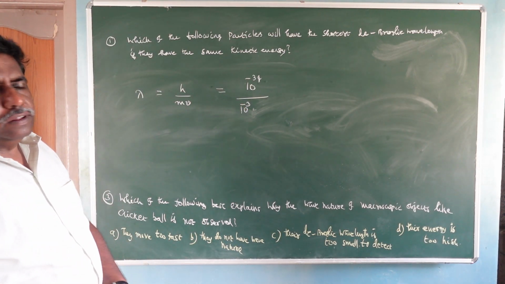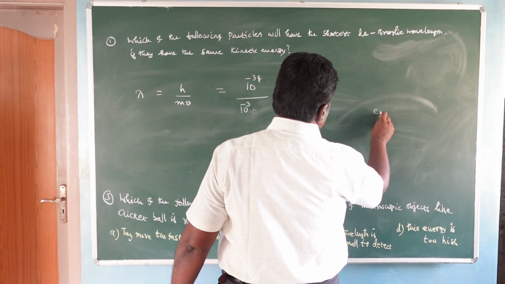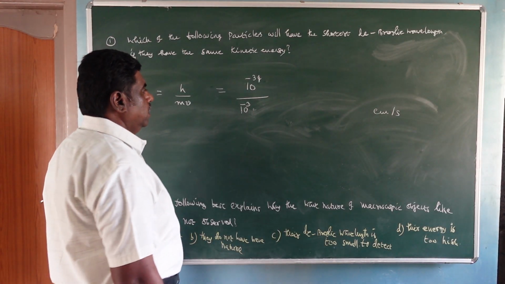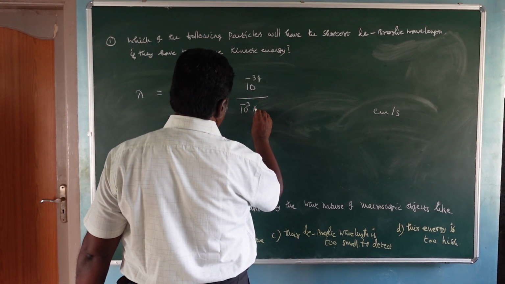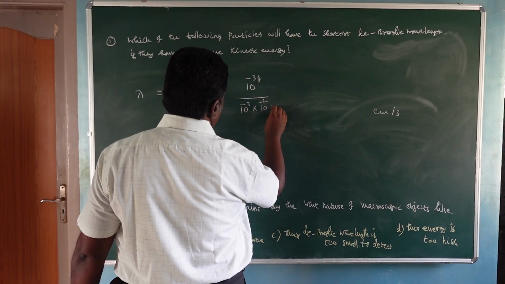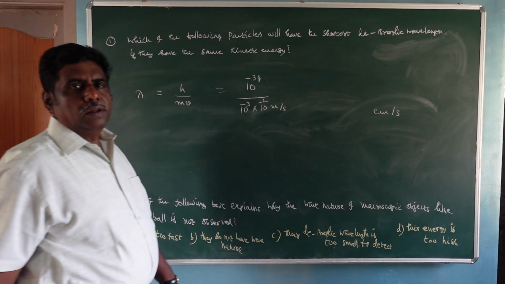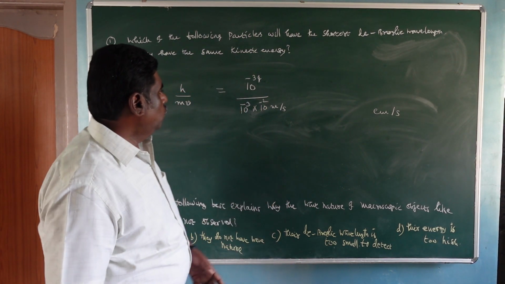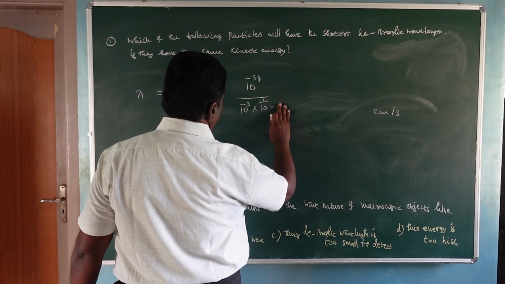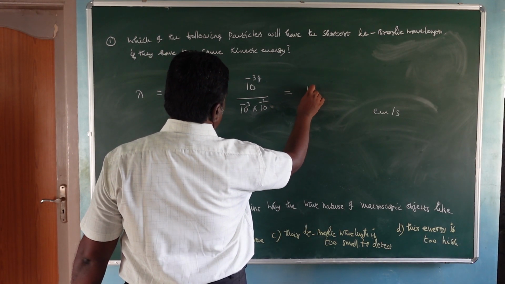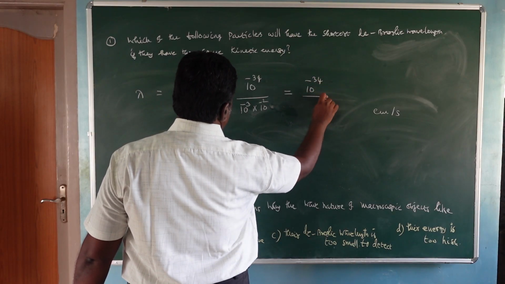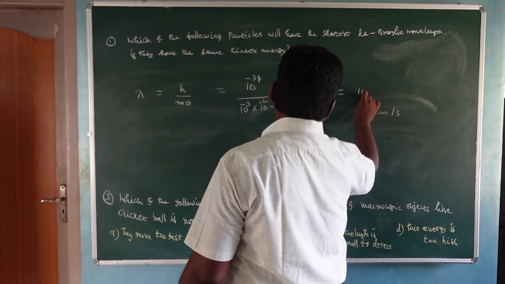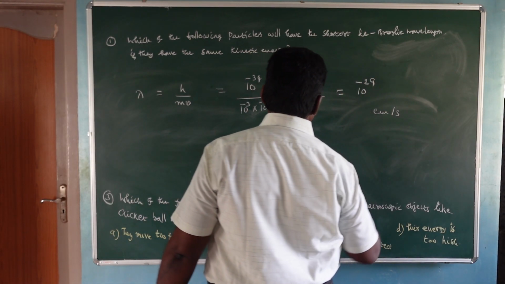Then velocity is a few centimeter per second, the velocity of the cricket ball if it is in motion. In order to convert centimeter into meter, we may use 10 power minus 2. Therefore, the momentum is expressed in terms of 10 power minus 5. This is 10 power minus 34 divided by 10 power minus 5. This is equal to 10 power minus 29.